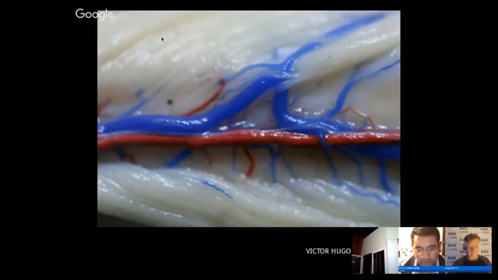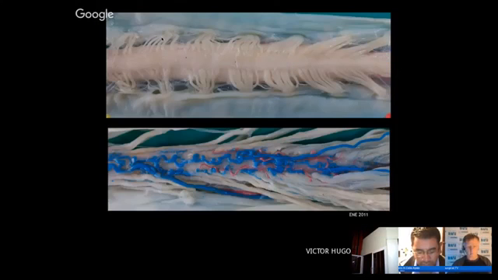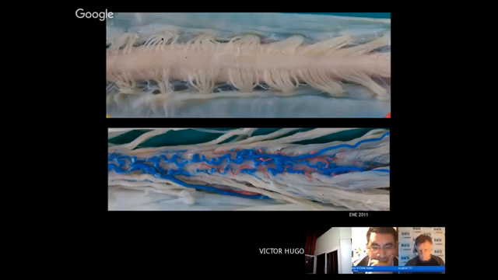These are some interesting fissures in the veins. In the upper photograph, we can see the cervical posterior aspect.